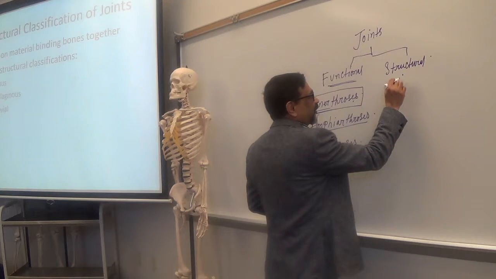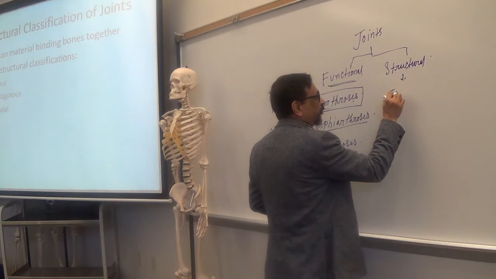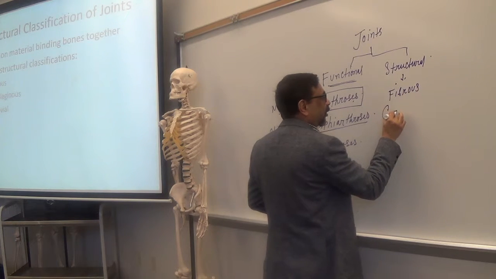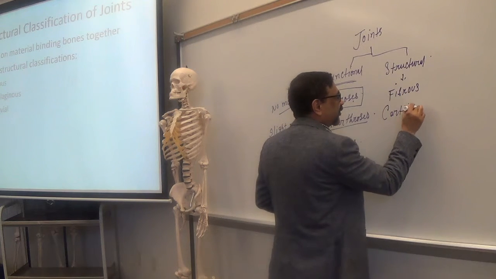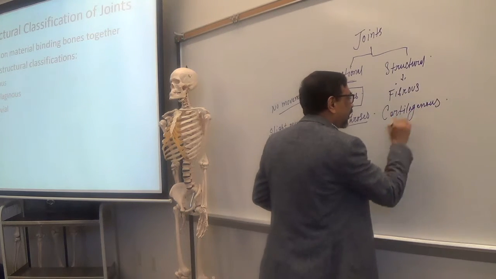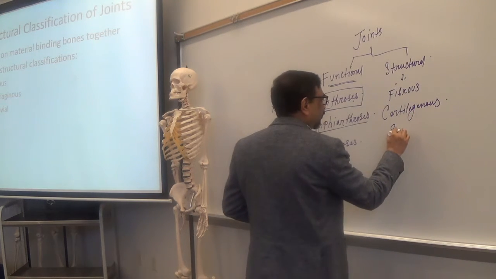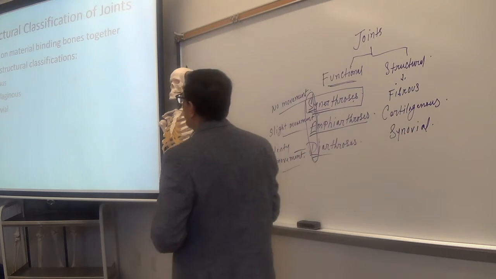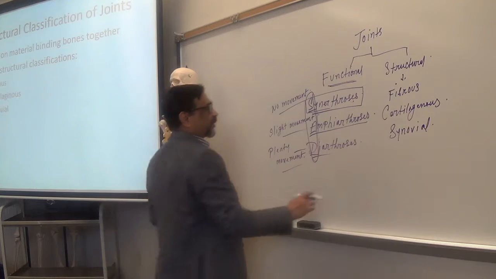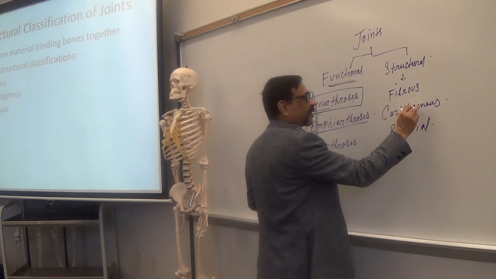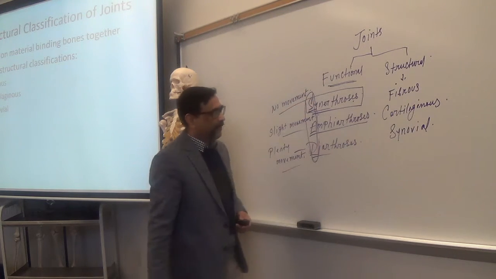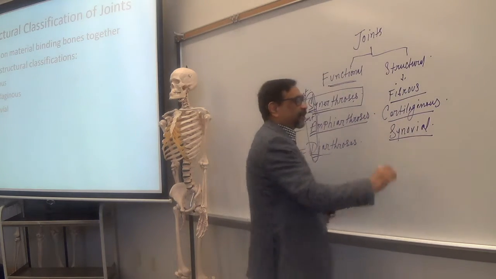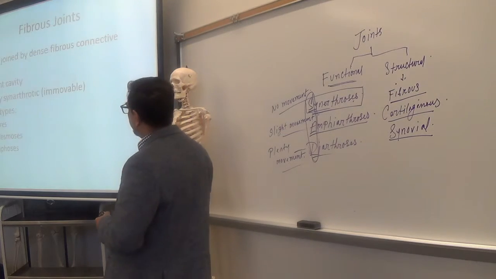Three types. Okay, those are three types: fibrous, cartilaginous, and synovial. We'll see the structure of those three types of joints.